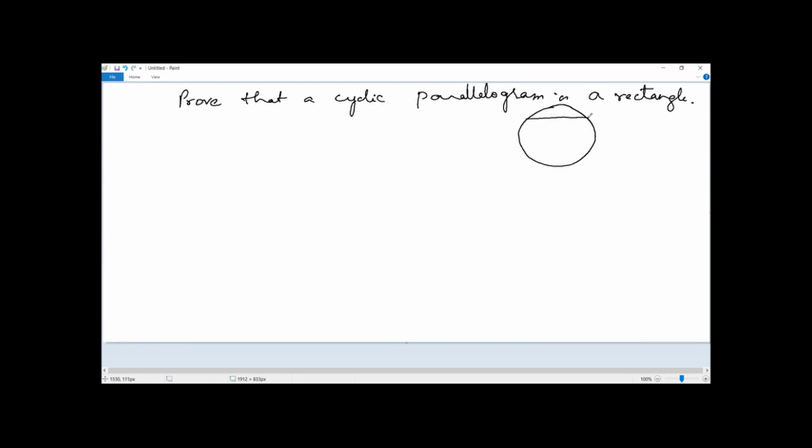So you have to prove that. We can take the property of opposite angles supplementary. Now here, given ABCD is a cyclic parallelogram.